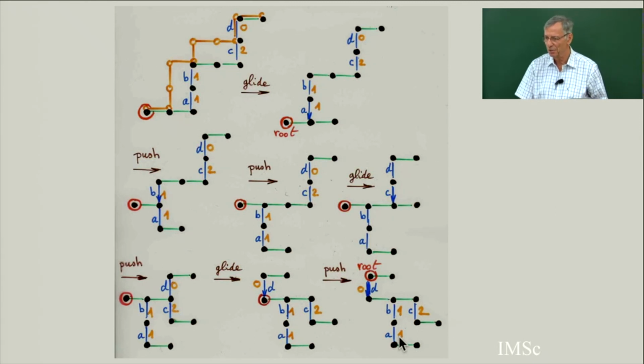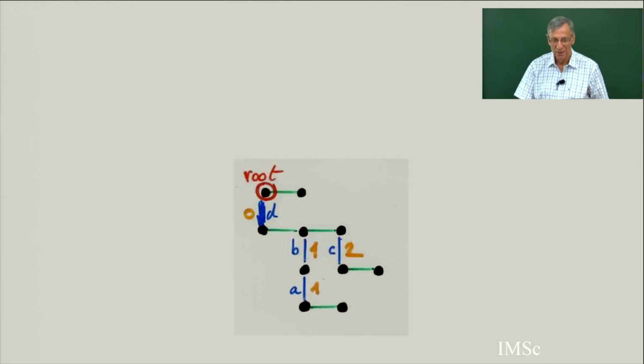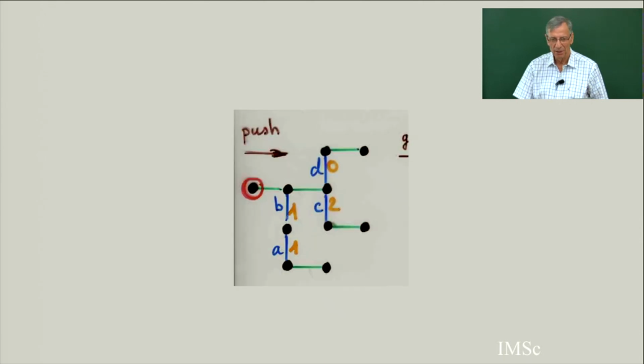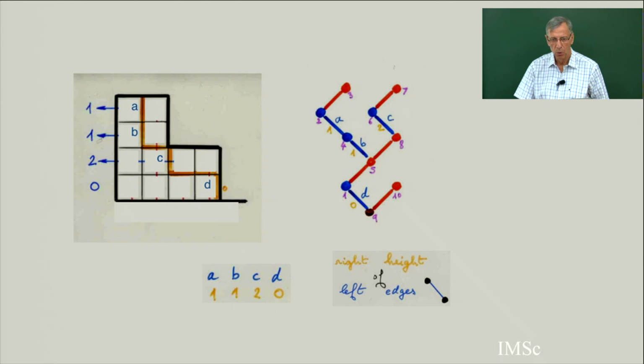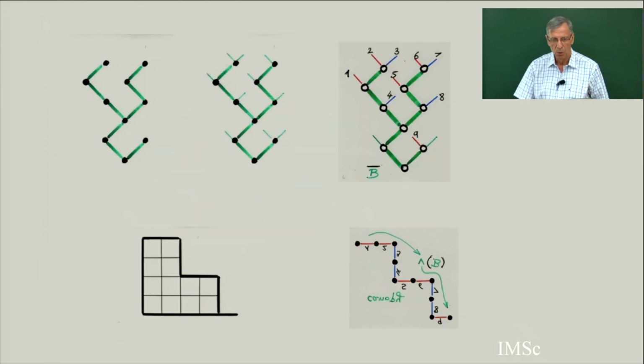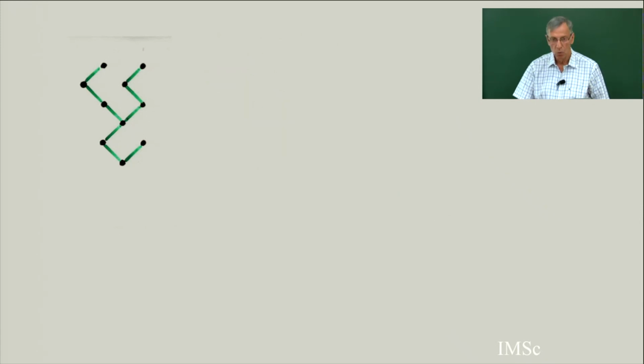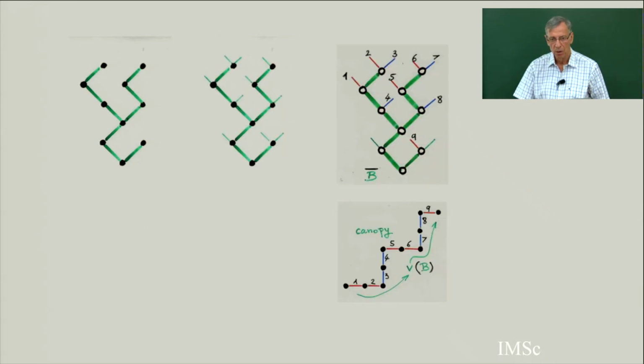Yes, question? Can you go back to the slide where you had the canopy? With the canopy, yes. Here. This one, so when I put the path like this, this is the canopy, you see? And this is the path associated in the notation, in French notation.